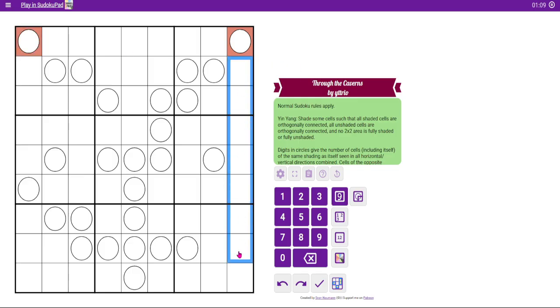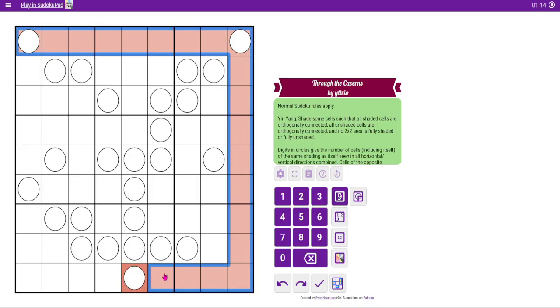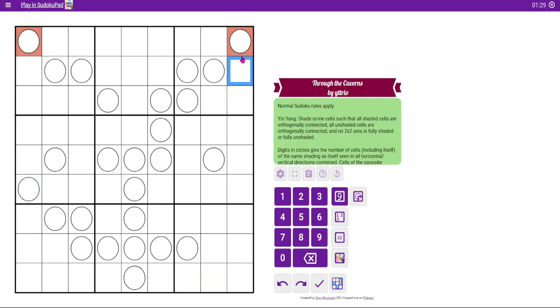So for yin-yangs, you will only get one shading, all orthogonally connected, and then you need to have the unshaded ones be connected to each other in a different pattern. So we cannot have any broken up parts like this, which means for these two up here, if they are both red, they would be connected in some way or another.